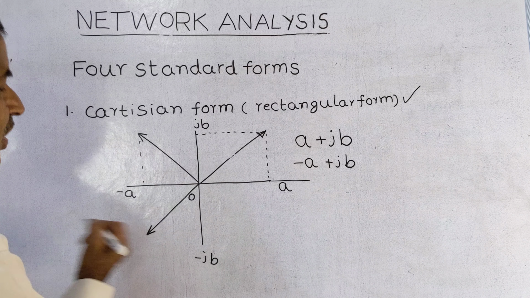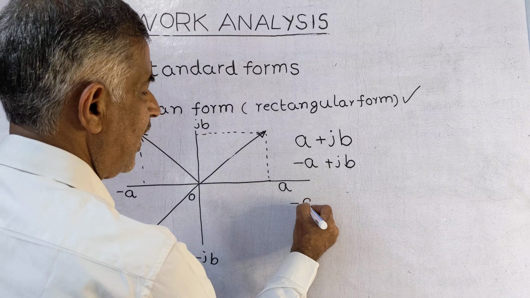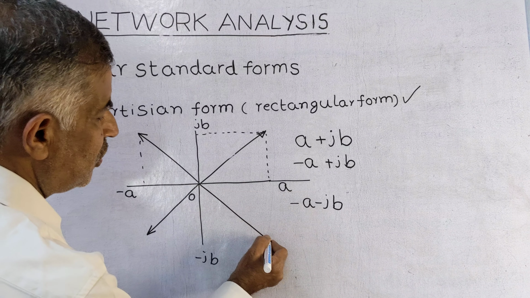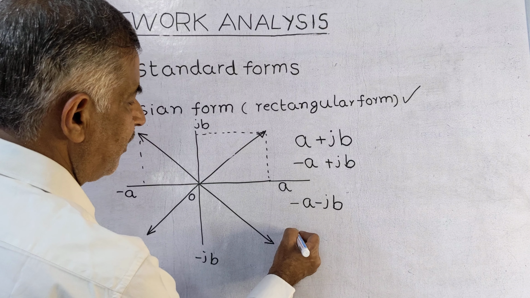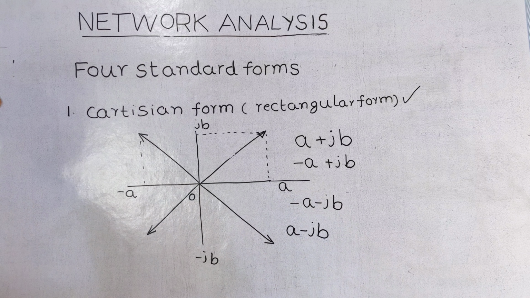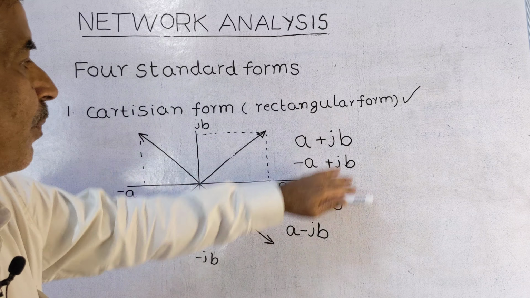If it is positioned like this, it is of the form minus A minus jB. And if it is positioned like this, it is represented as A minus jB. So this is what is known as Cartesian form.